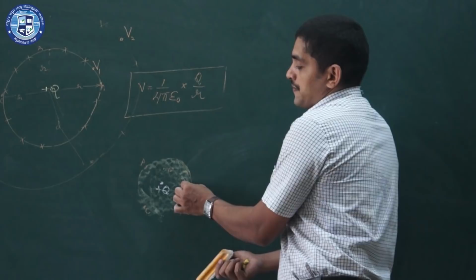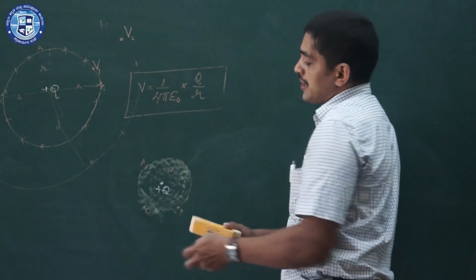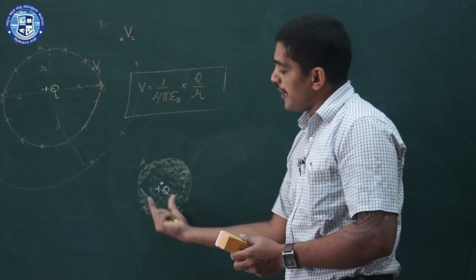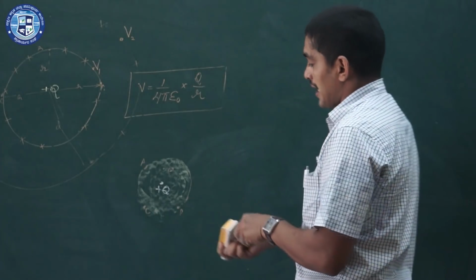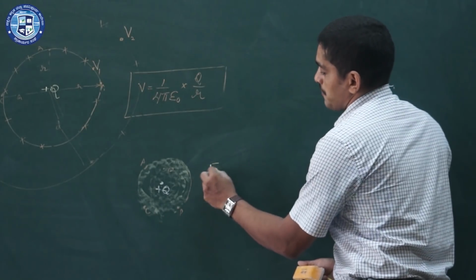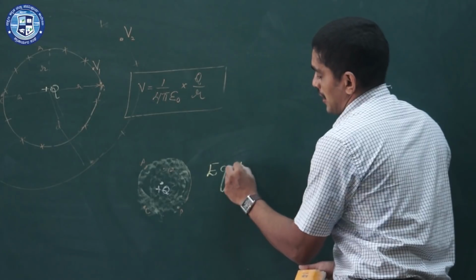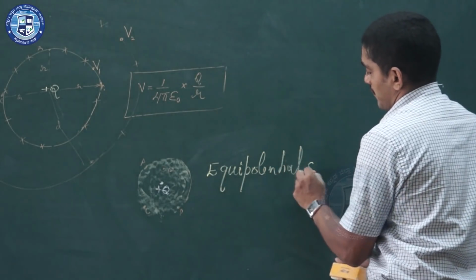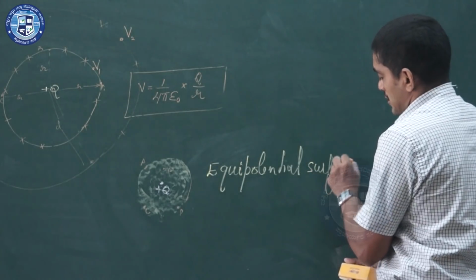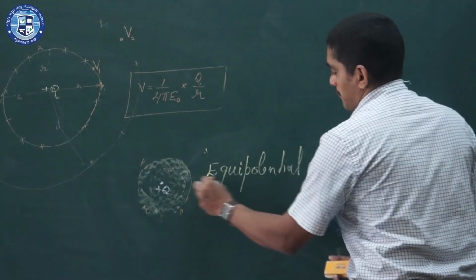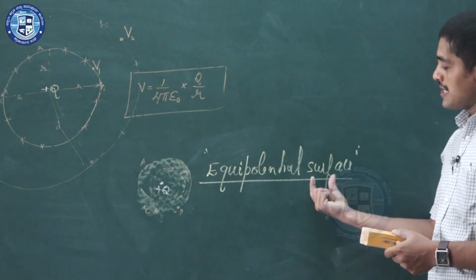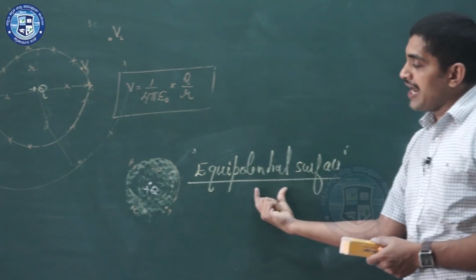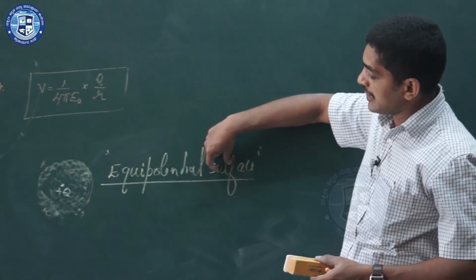This type of surface, on which the potential at every point remains the same, is nothing but an equipotential surface. So, what is an equipotential surface? A surface on which the potential at every point remains the same. Such a surface I can call an equipotential surface.